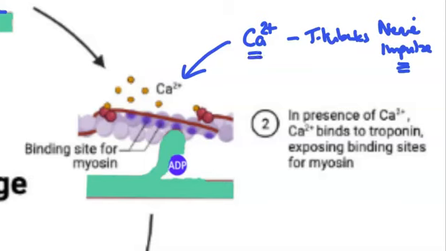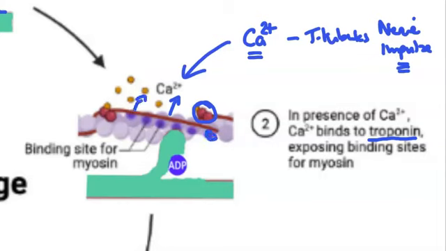These calcium ions bind to troponin, so that's this one here, and in turn this causes a change in the structure of tropomyosin, which is the red line here, and it moves it away from the binding sites.